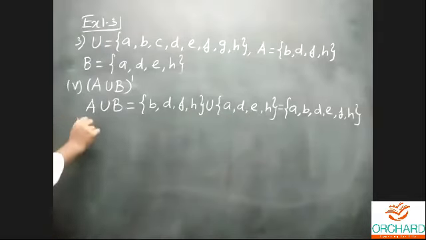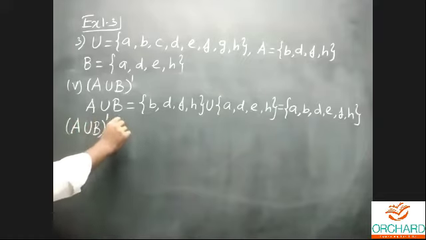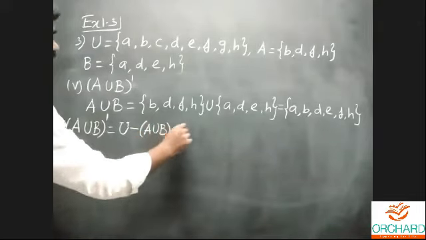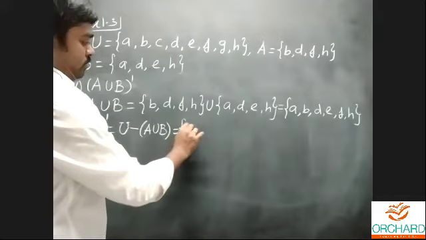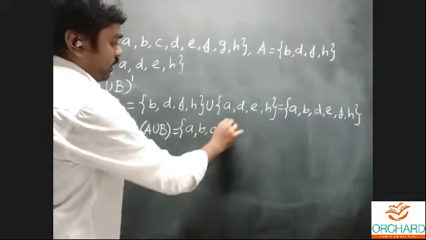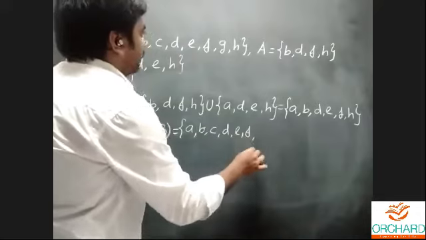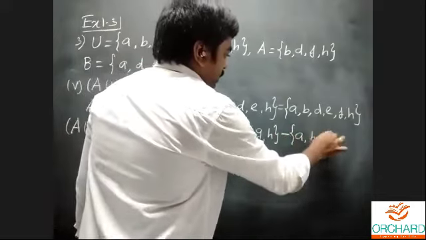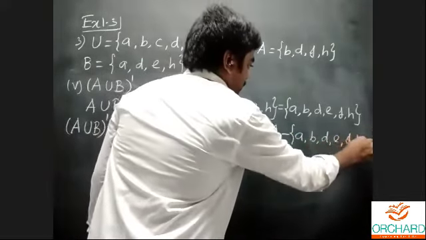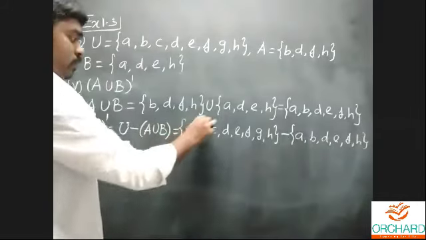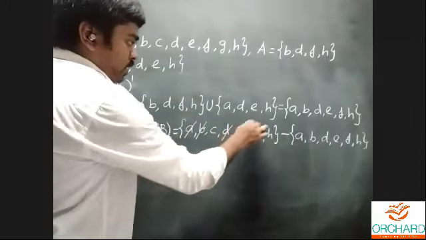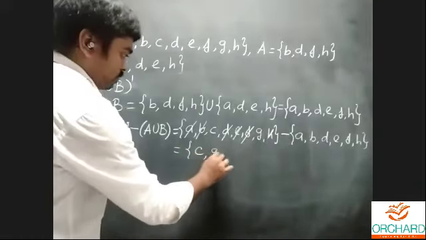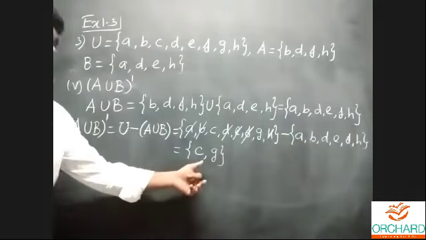(A union B)' is nothing but the universal set difference A union B. Write down the elements of the universal set: A, B, C, D, E, F, G, H, and difference A union B: A, B, D, E, F, H. Remove these elements A, B, D, E, F, H. What are the balanced elements? C, G. Yes, C, G only.